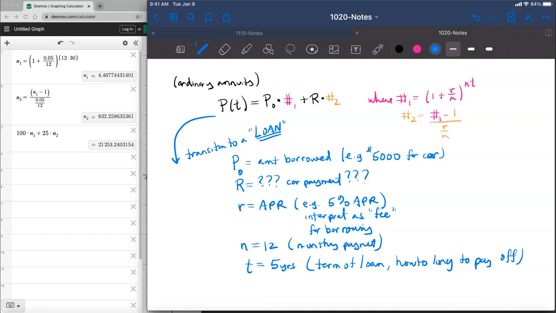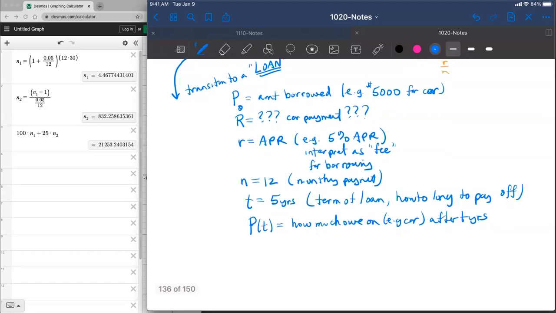Now I can interpret P of T as the value of the loan, how much you still owe on, for example, your car after T amount of years. And the goal is to pay this off. We want to pay off this loan. And when you pay off this loan, that means that you have zero amount that you owe.